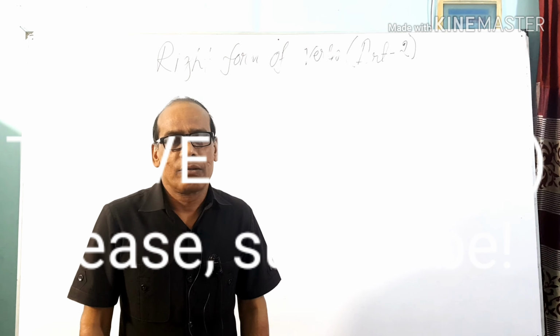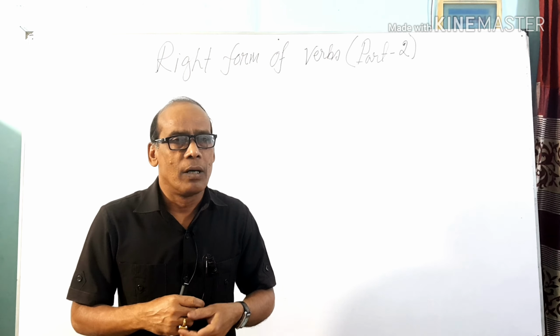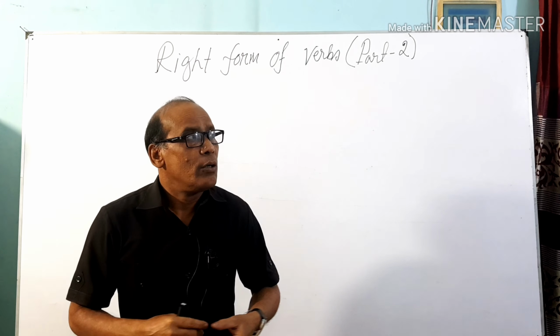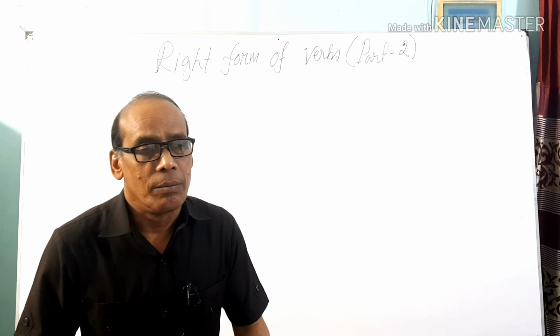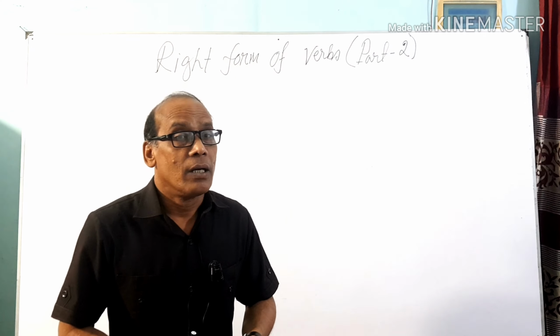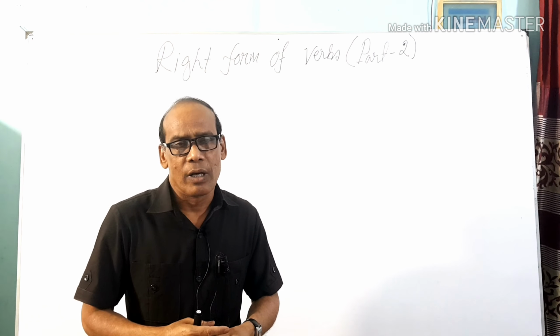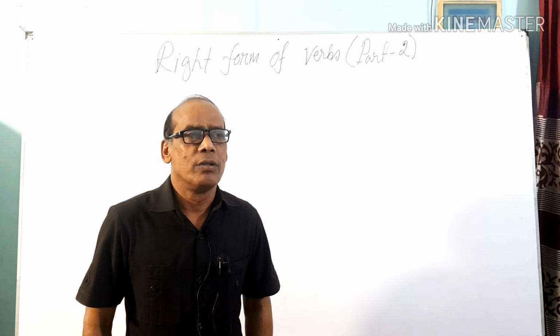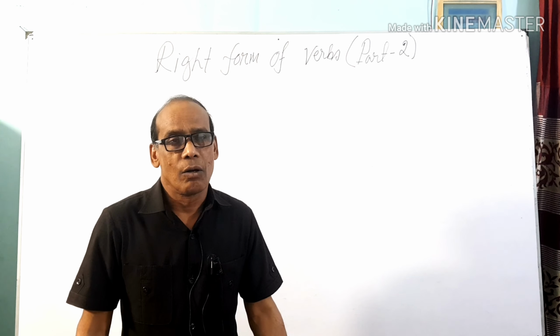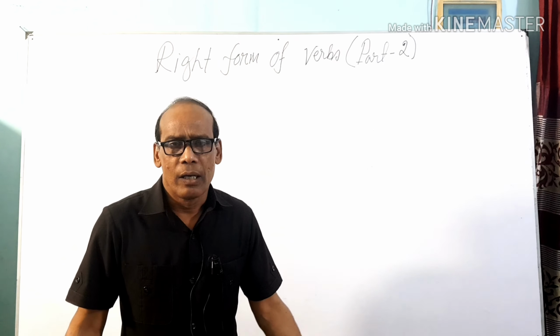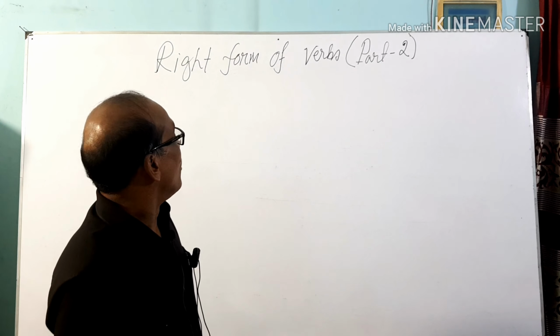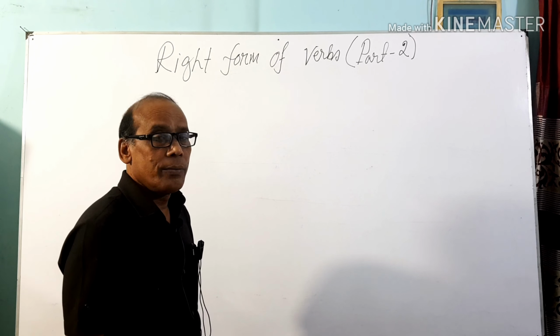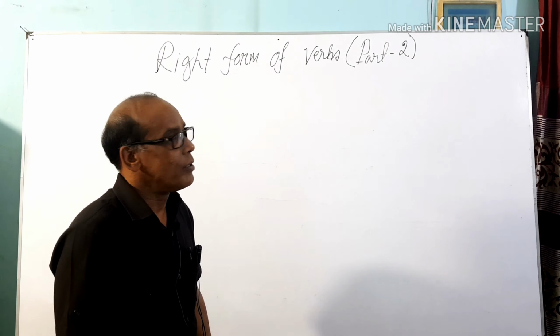Today I'll discuss right form of verb part 2. Right form of verb is very vast and large, and it encompasses different types of rules and almost all the grammatical rules of English language. So it takes a long time, and so I have divided the rules of right form of verbs into different parts.